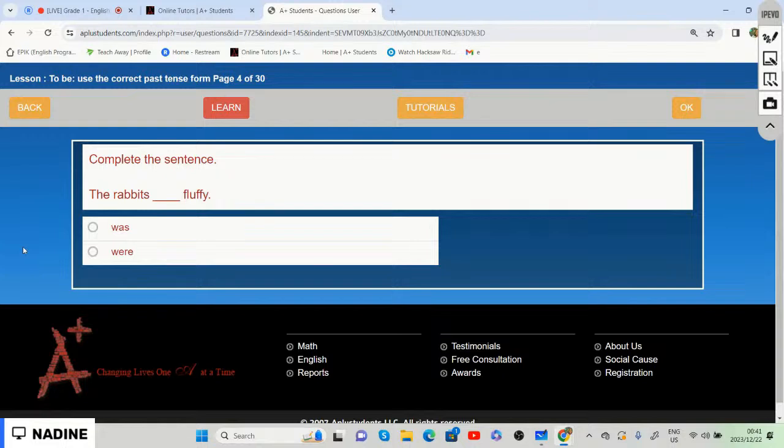So do we say the rabbits was fluffy or the rabbits were fluffy? The rabbits refers to more than one rabbit.